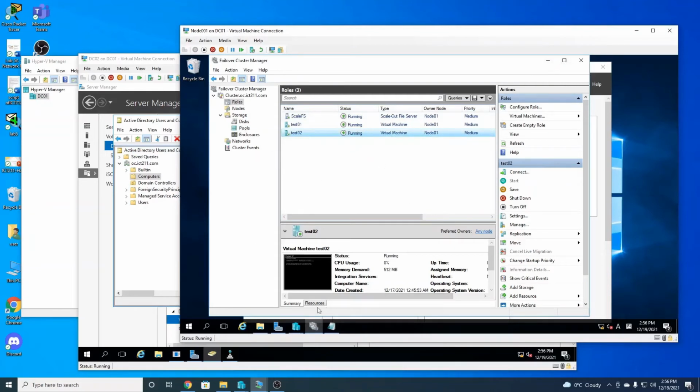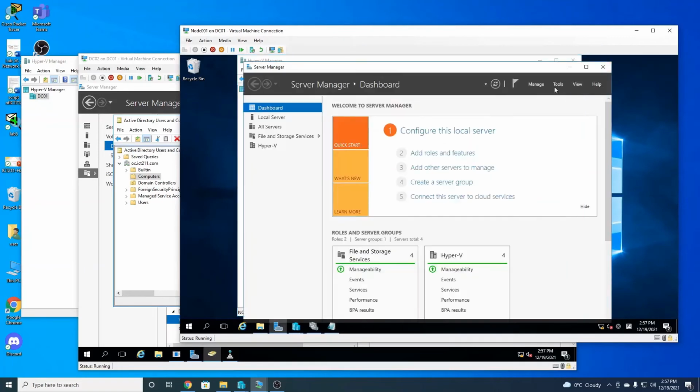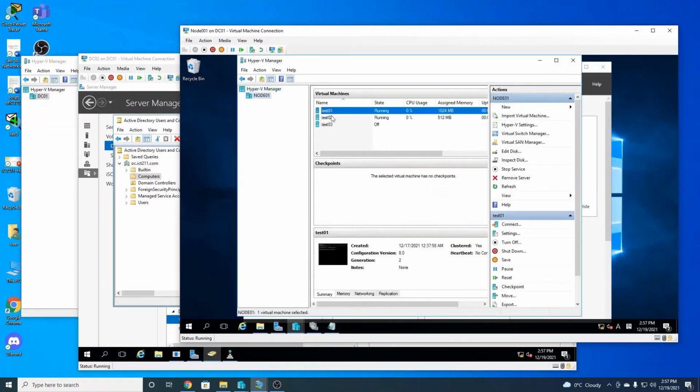I'm using this failover cluster Hyper-V through the Hyper-V manager.